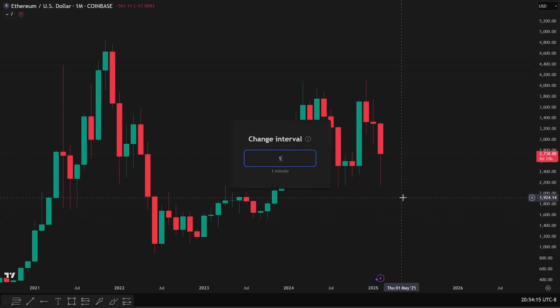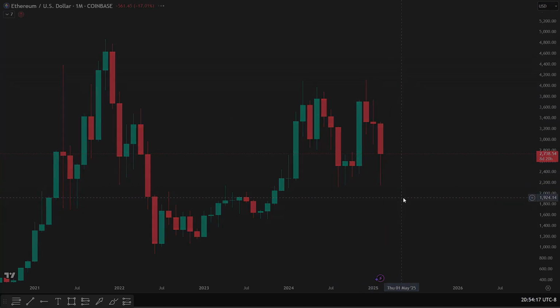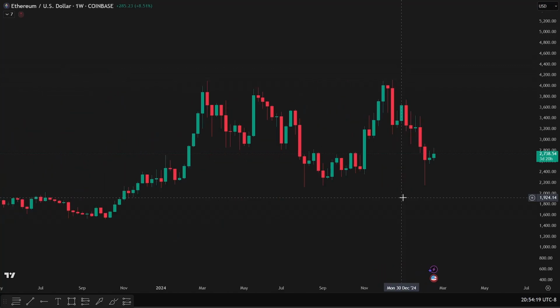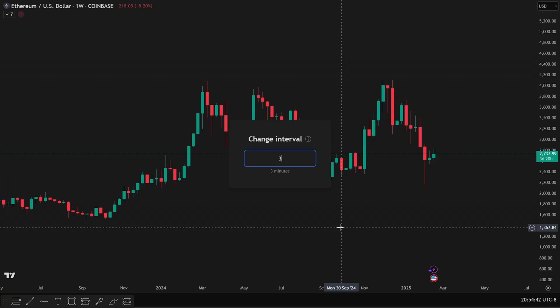So now we can go on to the weekly, and it gives us more of a picture. We can see this period of consolidation, expansion, and now we're back here after this sweep of all these weekly lows, except we didn't come quite down far enough to get that one. Check out the 3-day.